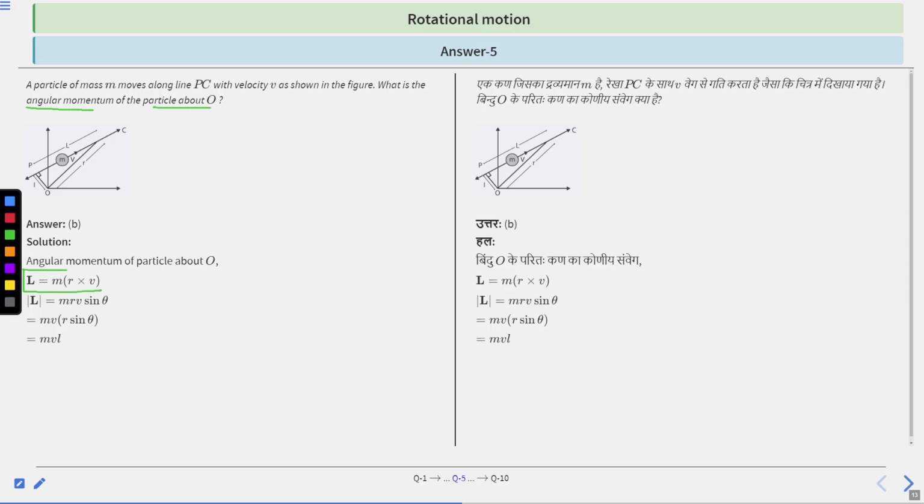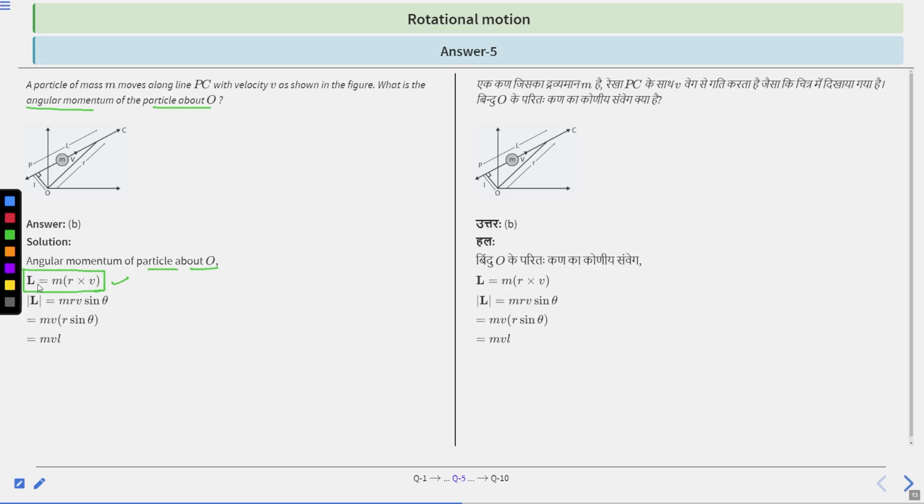So the angular momentum of the particle about O, this is the origin, where m is the mass and v is the velocity, along the line PC, and the particle moves in this direction. Clear?